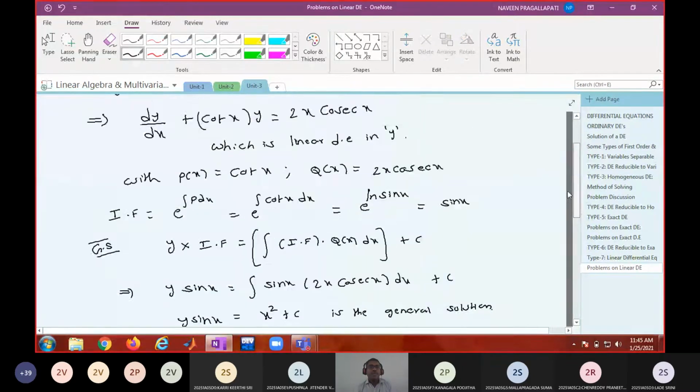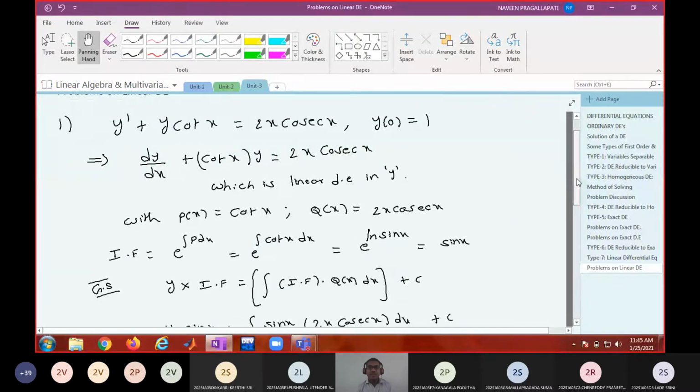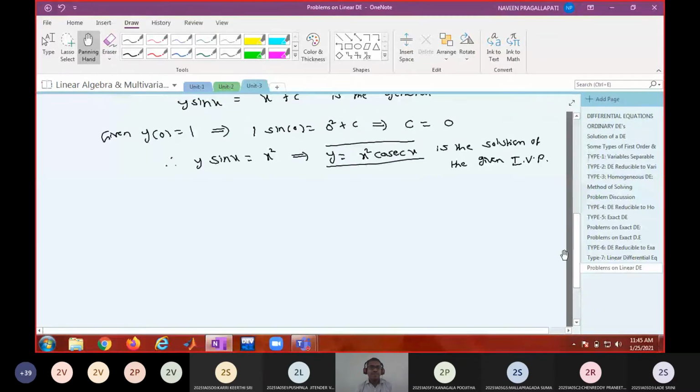Okay, so sometimes a condition may be specified along with the problem. It means you have to use the condition to find out the value of the arbitrary constant.